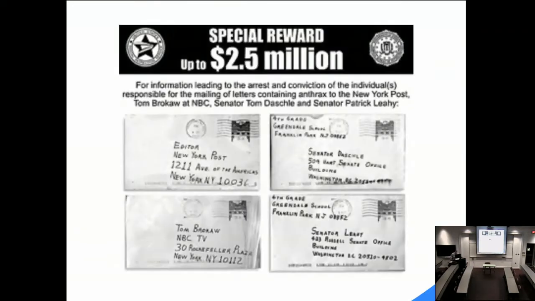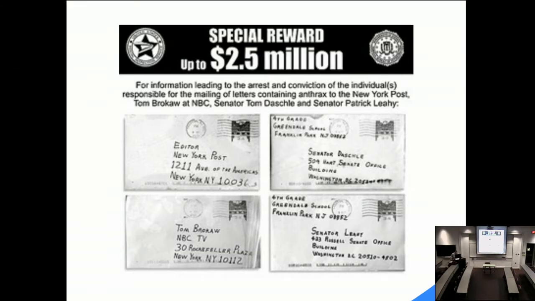They found various letters at either postal services or places where mail was sorted. And these letters were being sent to various media centers as well as a couple different senators. So the 3 letters here, the one on the left is being sent to Senator Daschle, the one in the middle is being sent to Tom Brokaw, and the one on the right is being sent to the editor of the New York Post.